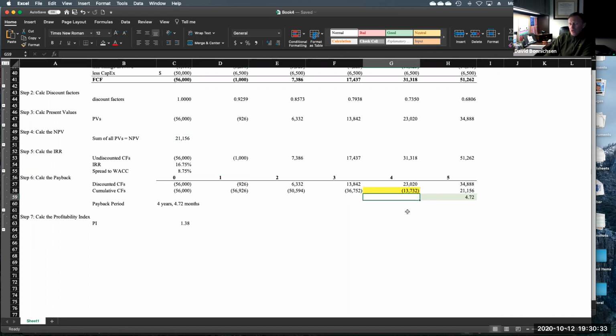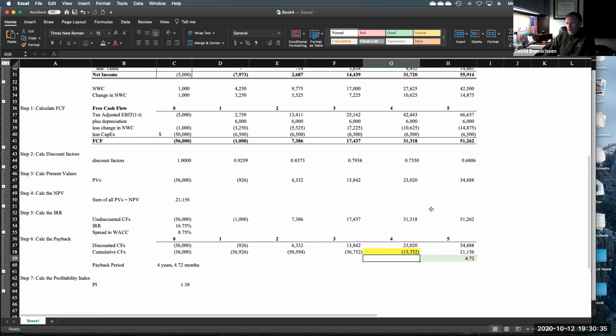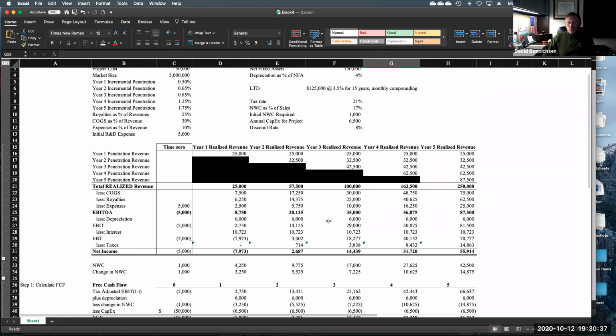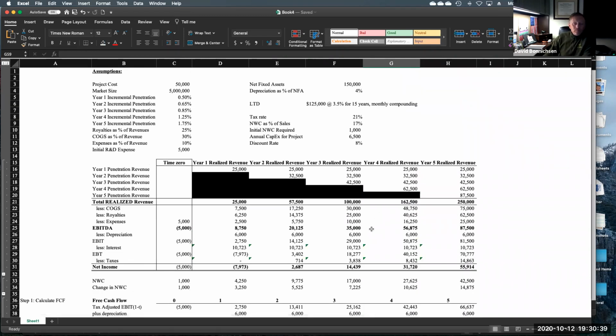Okay, and so here's the thing. This is a really simple example. And for those of you that have done discounted cash flow analyses for the companies that you work for, you're going to look at this and you're going to see some obvious differences between what I'm teaching you here in this course and the way that your company might go about creating DCF analyses.